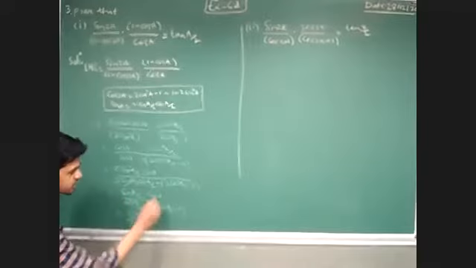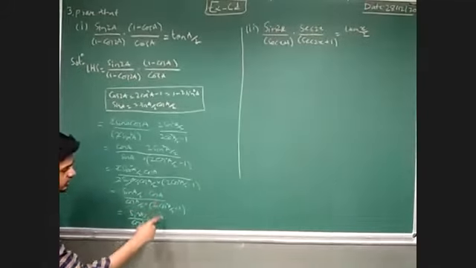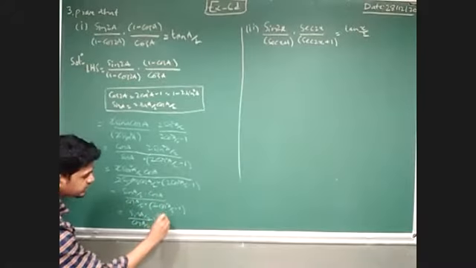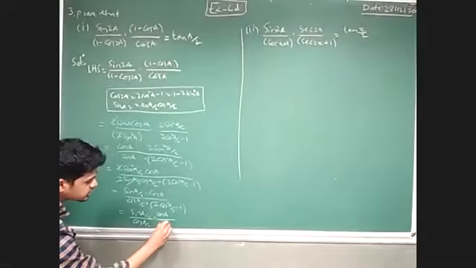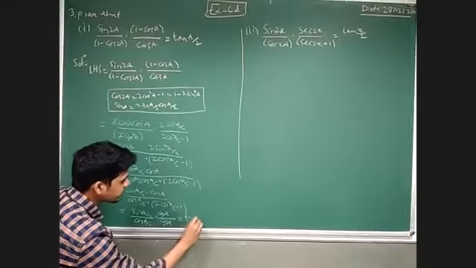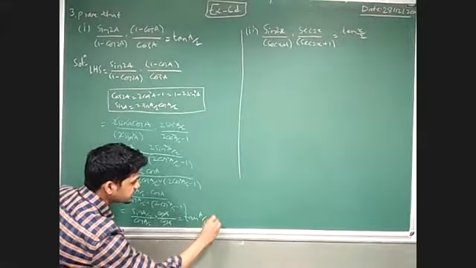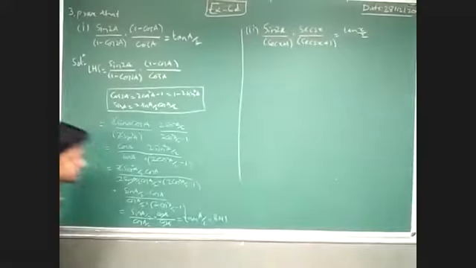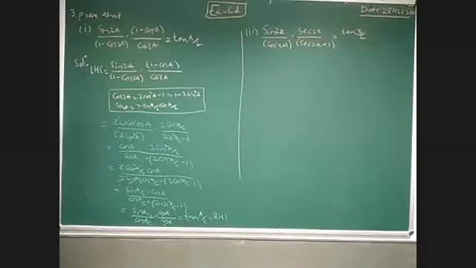I can write cos A, and here this is nothing but cos A. So cos A will get cancelled. So here I will have tan A by 2, that is nothing but the right hand side.